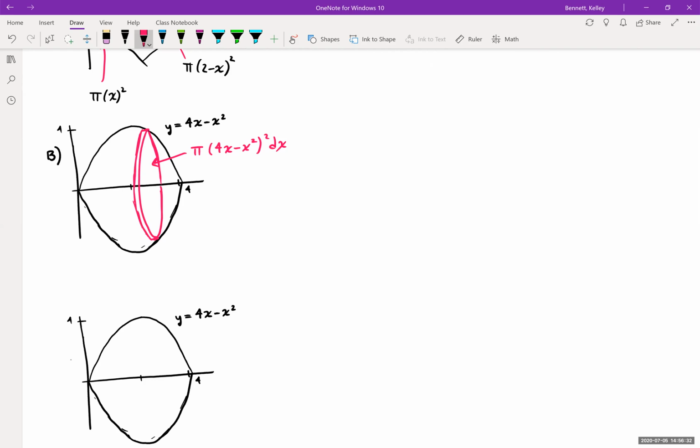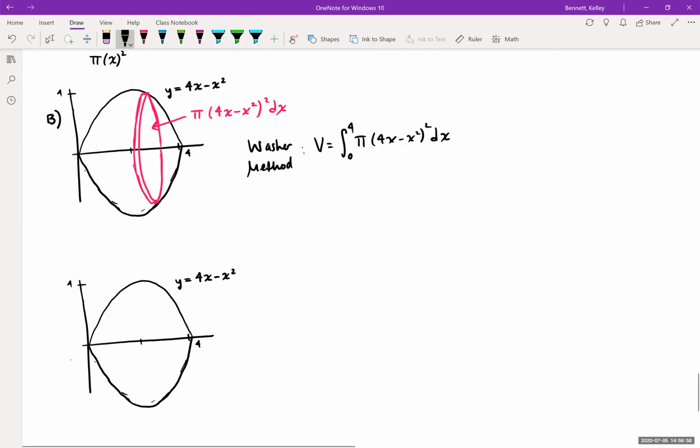So if I were to set up my volume, I'm going to go from 0 to 4 along the x-axis, and I just get pi times 4x minus x squared, squared dx. And that's just a polynomial that we can easily integrate and evaluate.